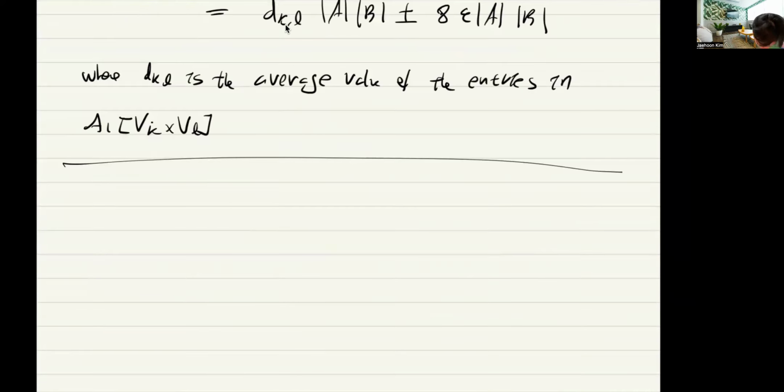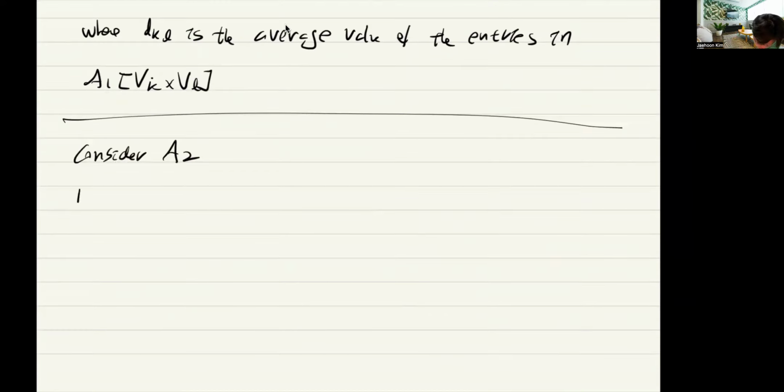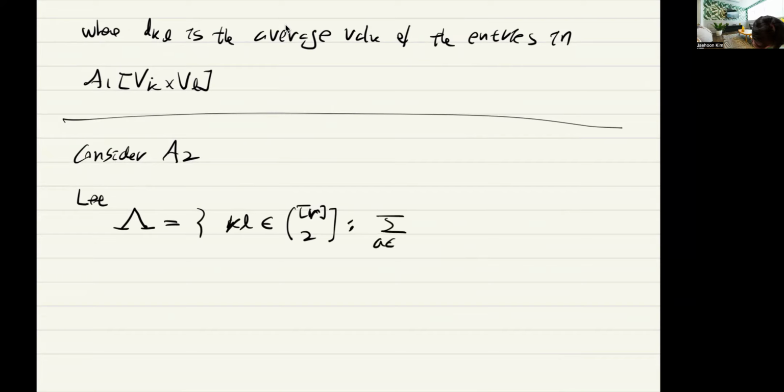And now we consider A_2. For that, let capital lambda be all the pairs kl such that the following holds. You consider all A in P_k and all B in P_l, and you consider its coordinate, you take the square, and you add it.